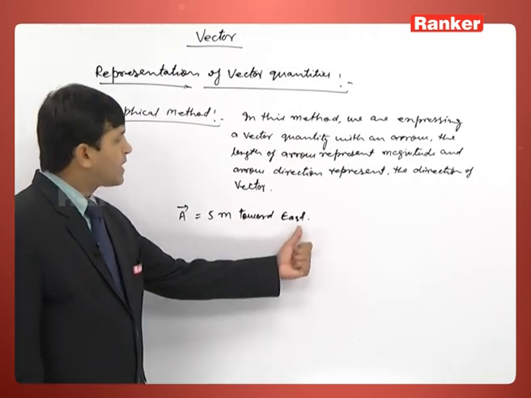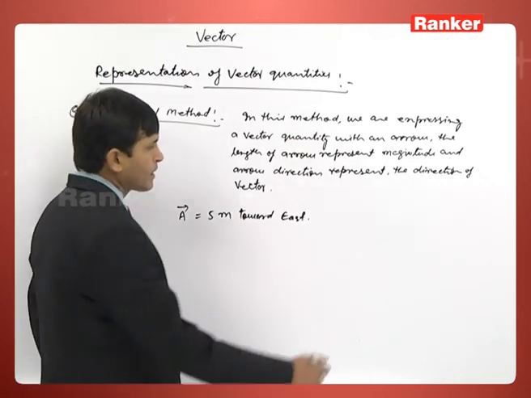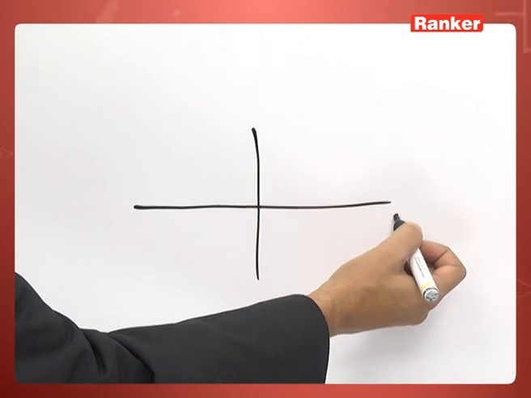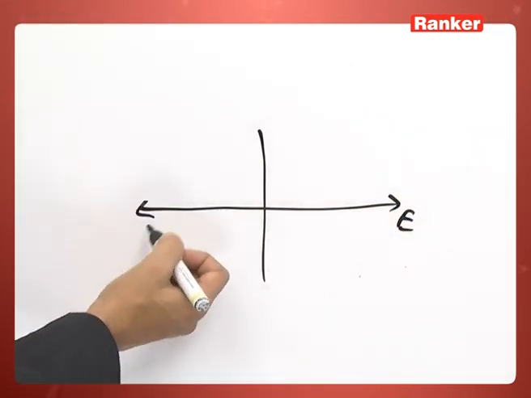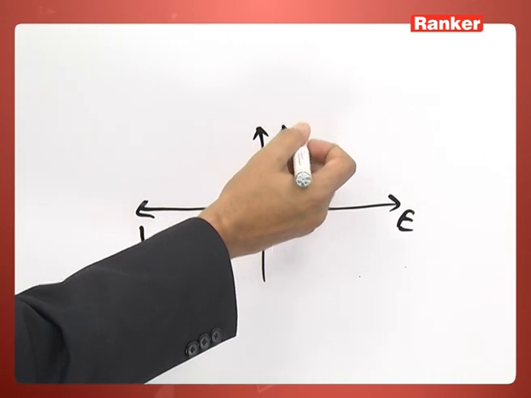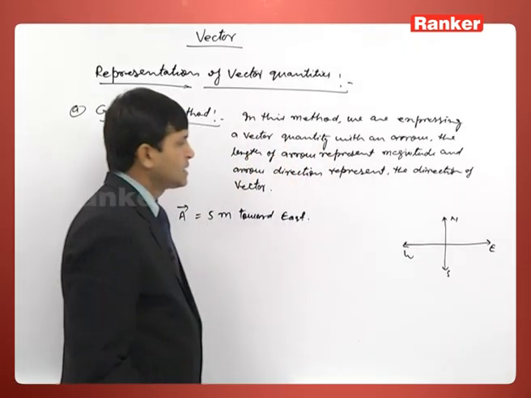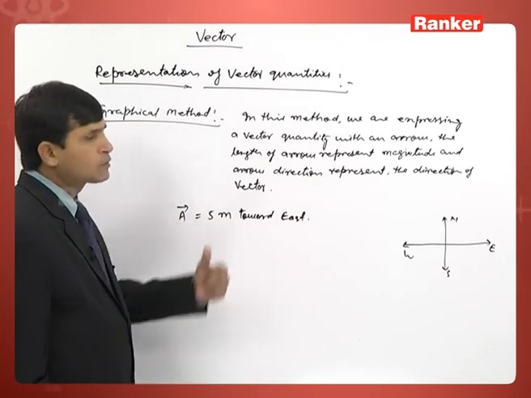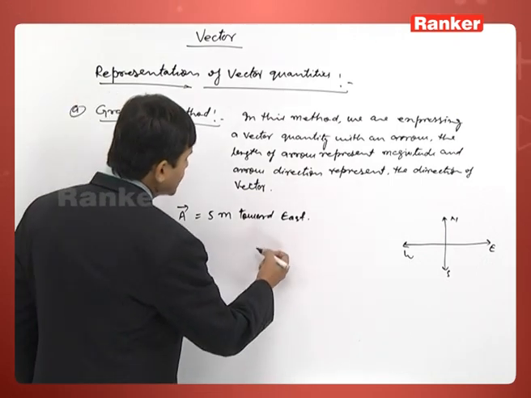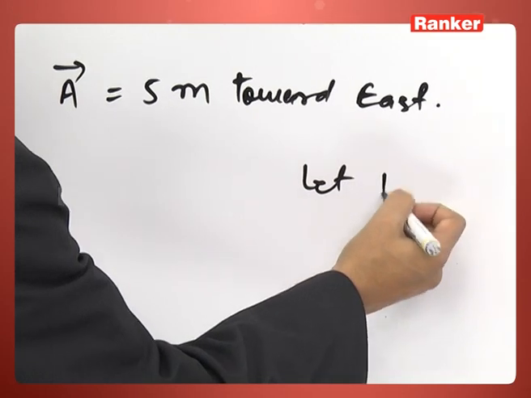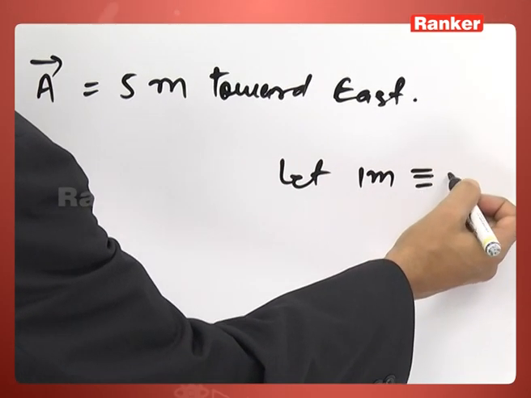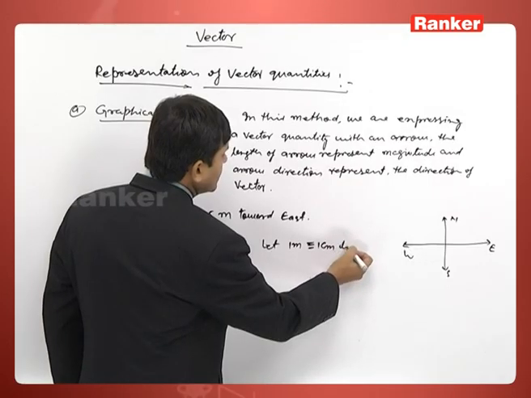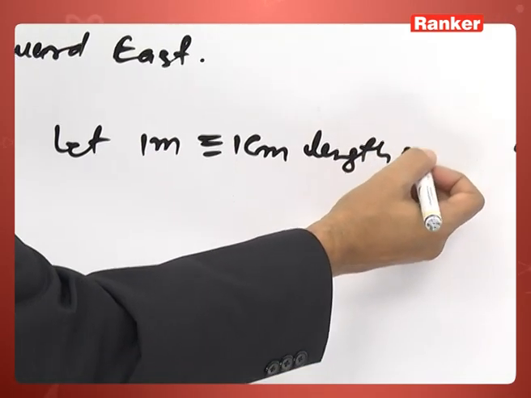To define east, we should have a little bit of notation. Let this direction be east, this is west, this is north and this is south. If we have to represent a vector of 5 meter towards east, just for example, let us assume 1 meter is equivalent to 1 centimeter length of arrow.